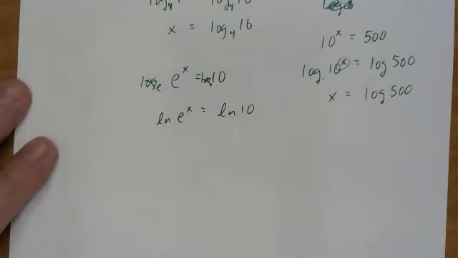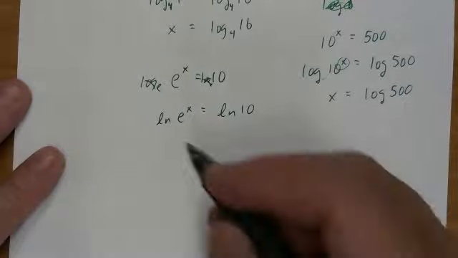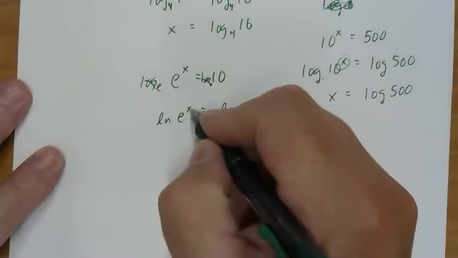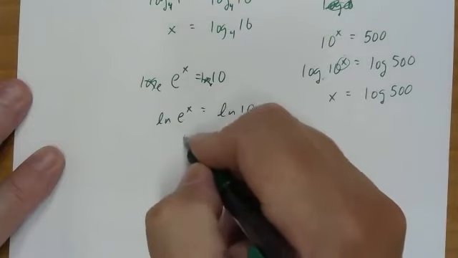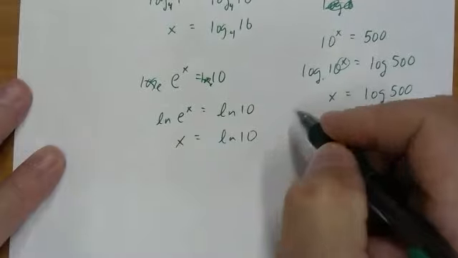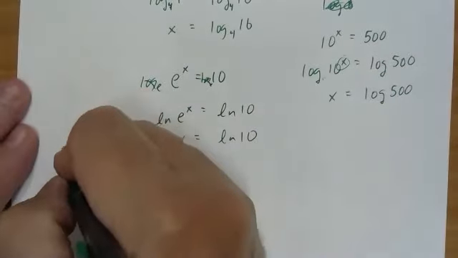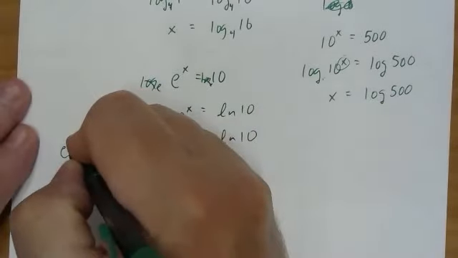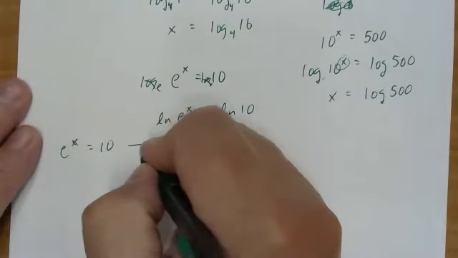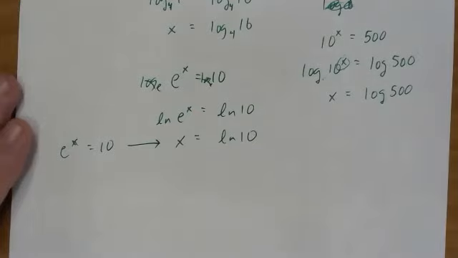Natural log means log base e. So the base of my log is the same as the base of my exponential function, so this side equals x. So I'm going to rewrite my exponential function, e to the x equals 10, as a log equation: x equals natural log of 10.